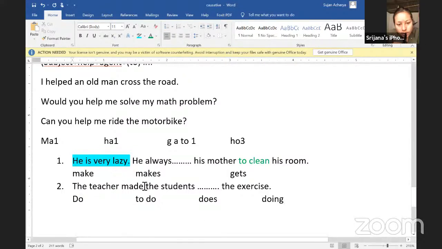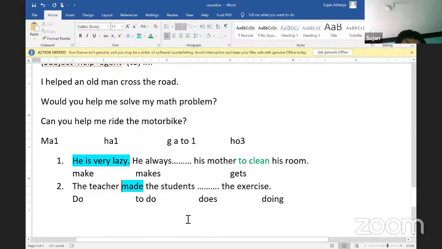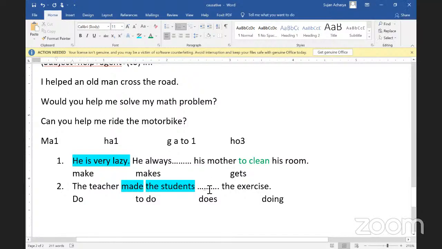Do the exercise. Made is here: made plus agent takes V1.